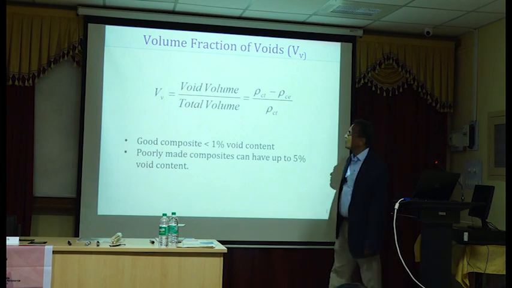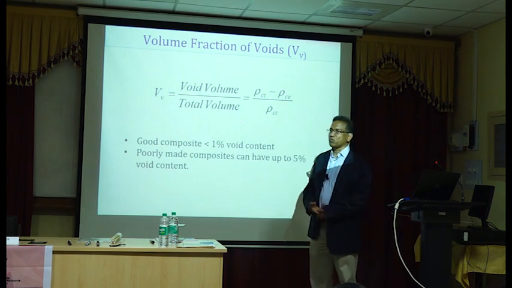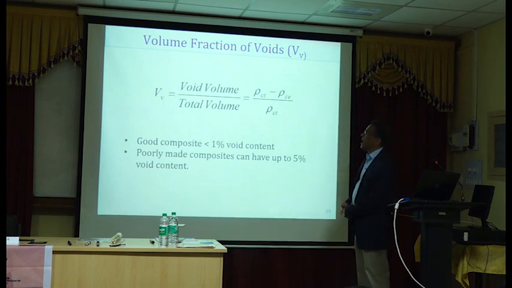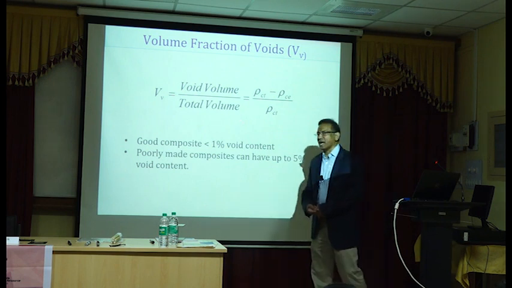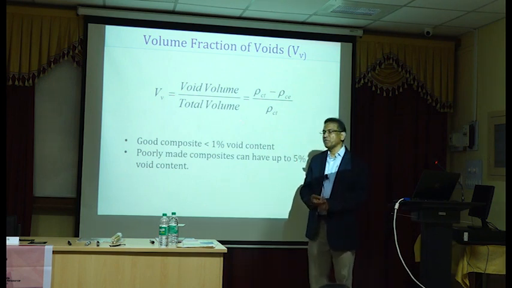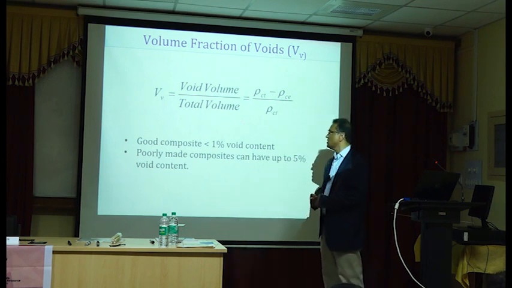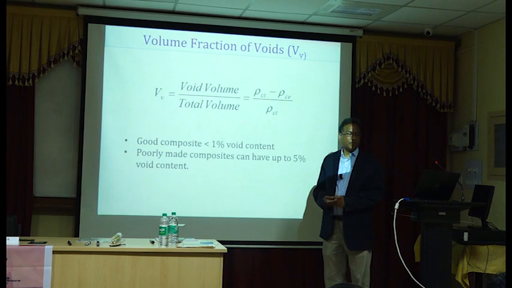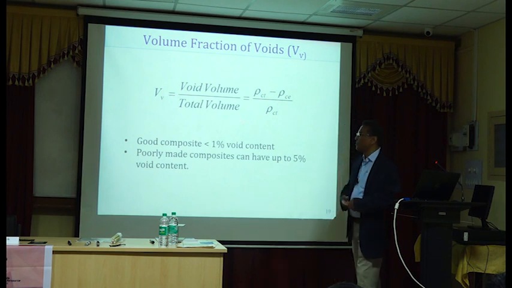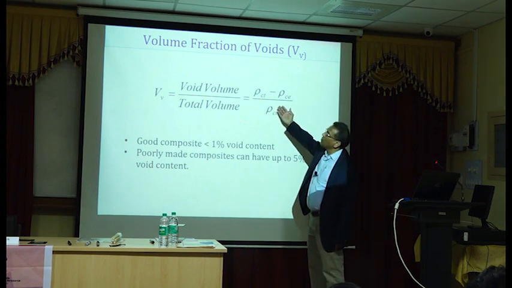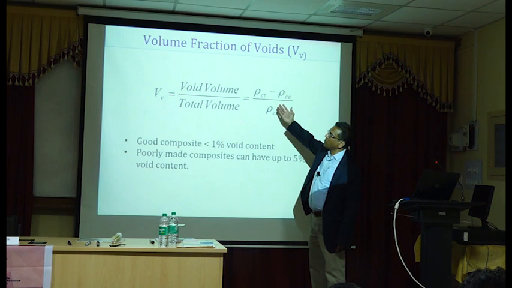Sometimes it's useful to find out the void fraction, the volume fraction of the voids. How do you find out? First of all, why do you need that? To find out if your composite is fabricated well, or if it is not made too well, or it's poorly made, we can figure that out based on the void volume of the composite.